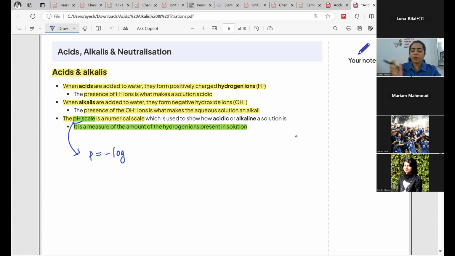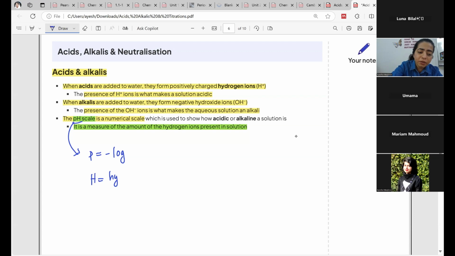So there is a button in the calculator as well. Right. So P means negative log. P is basically telling you the concentration of hydrogen here. P means negative log, H means hydrogen ion concentration.